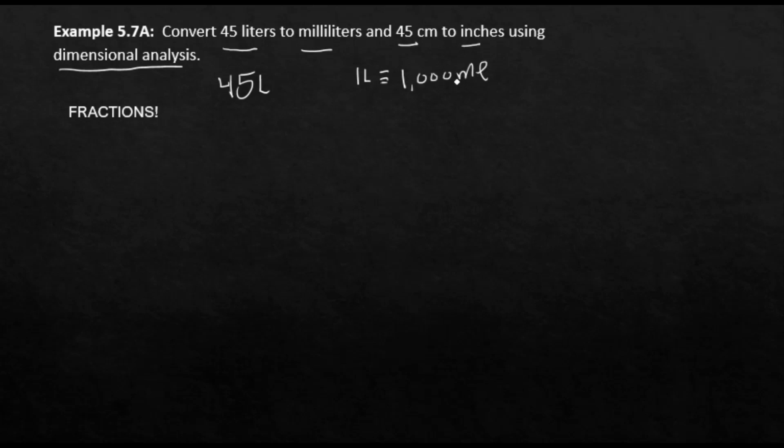milliliters. And we could do this by setting up a proportion, right? 1 liter is to 1,000 milliliters as 45 liters is to X milliliters. And then cross multiply and divide.